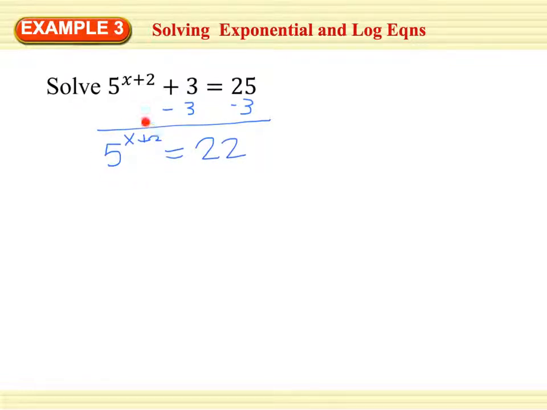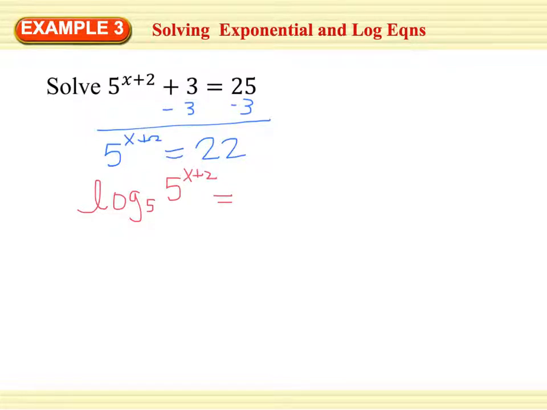And now that I have this base by itself, I can go ahead and try to cancel out. And the reason I know I have to cancel out is because I can't take 5 and raise it to some power and get 22, so I can't simplify this side. So the only other thing that's going to cancel out this 5 is if I take a log base 5 of that power of base 5, that's being raised to the x plus 2.